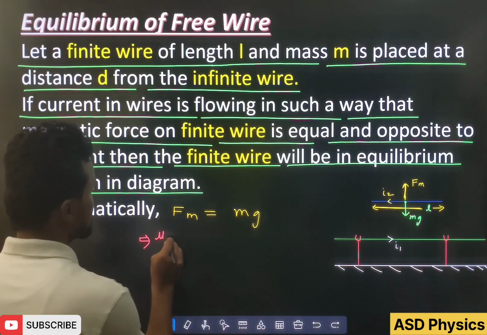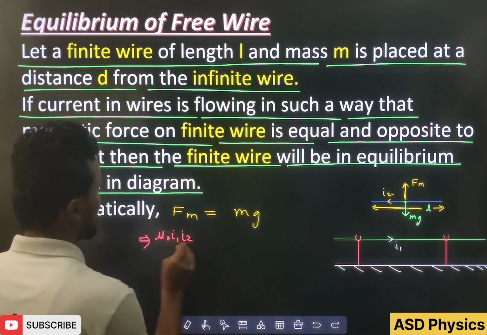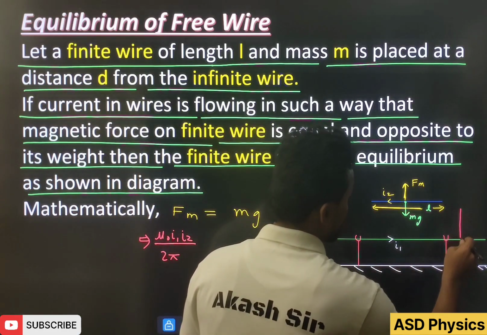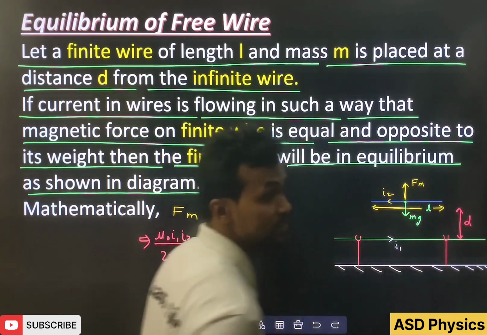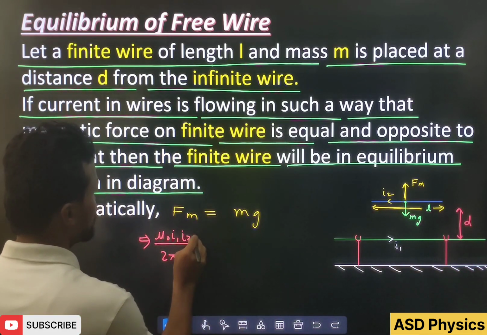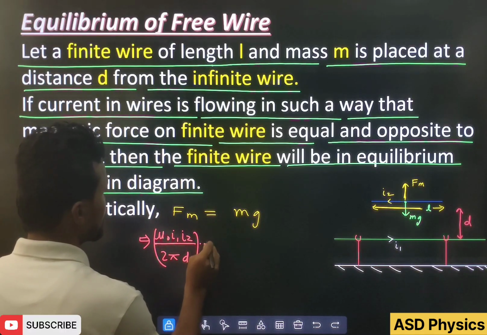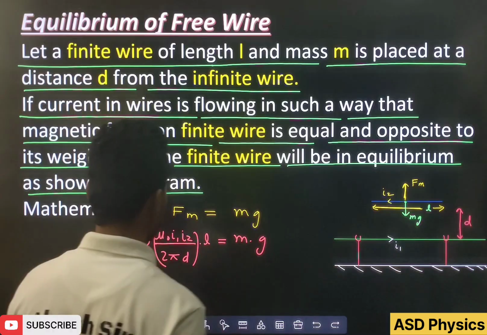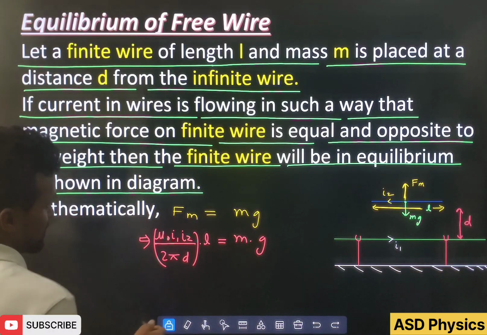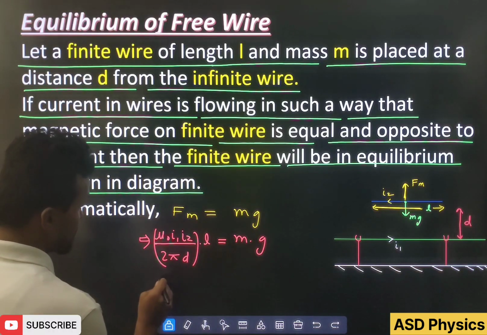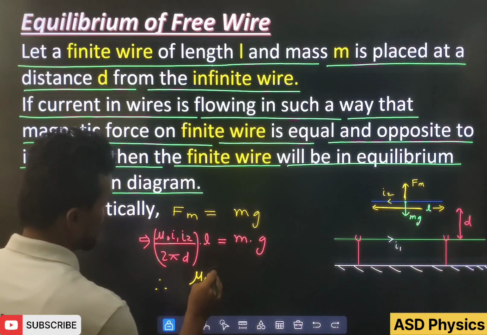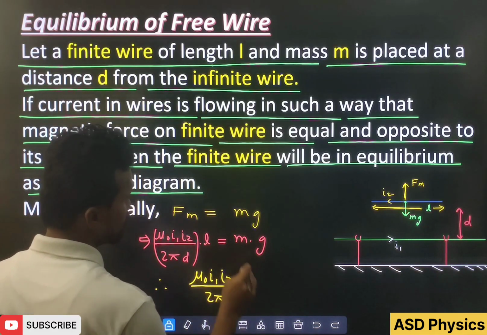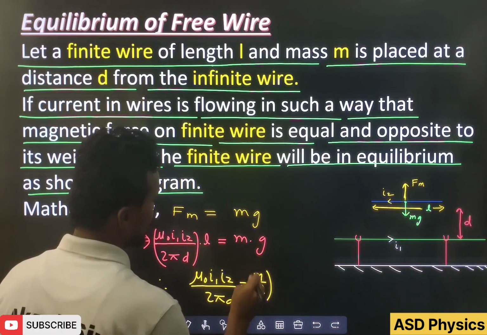I can write here: mu naught I1 I2 by 2 pi d, this is the force per unit length, into length, and m into g. So if I write, mu naught I1 I2 by 2 pi d is equal to m by L into g.